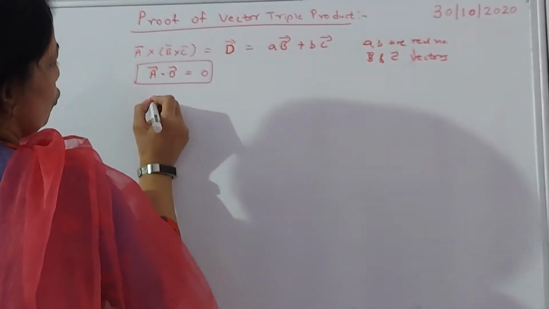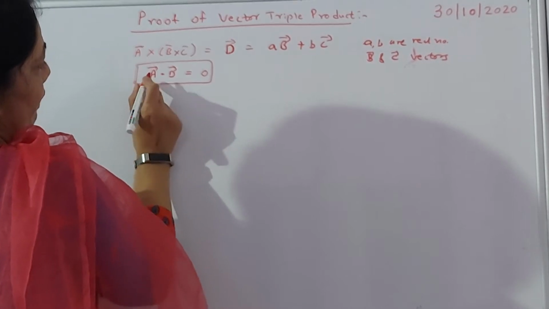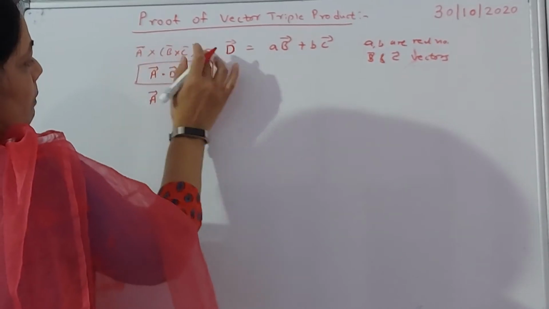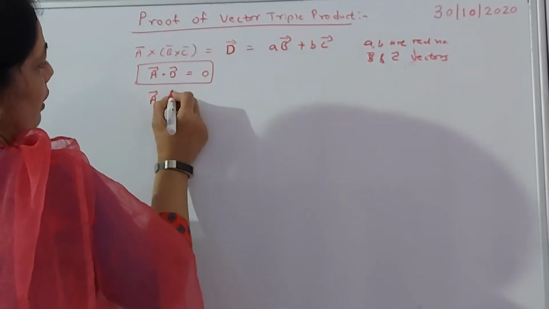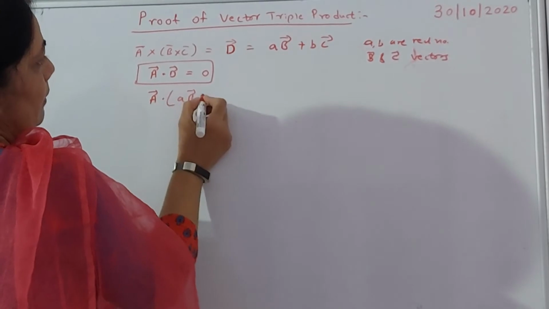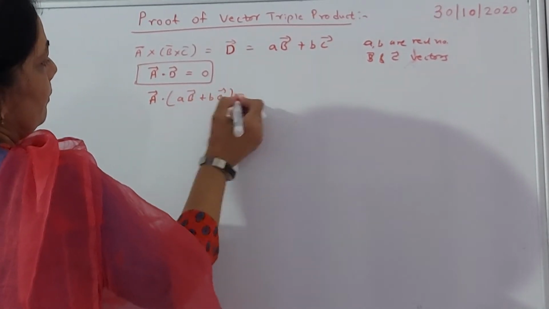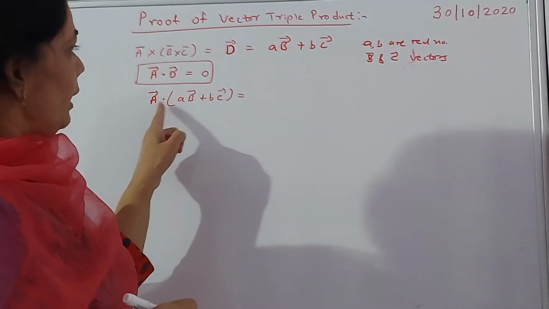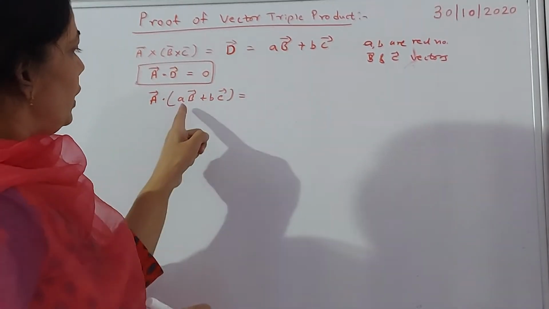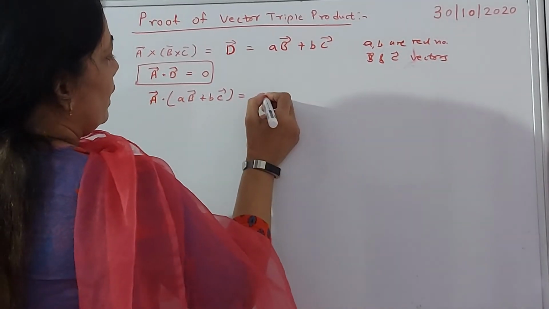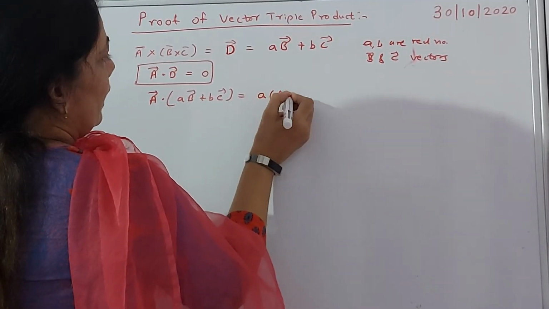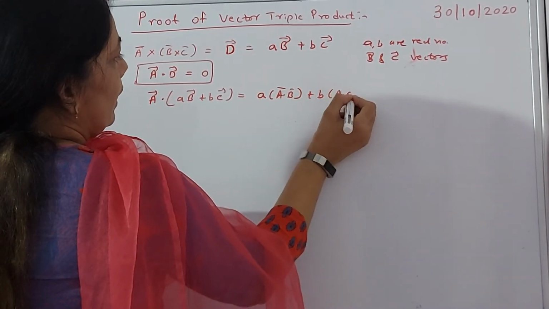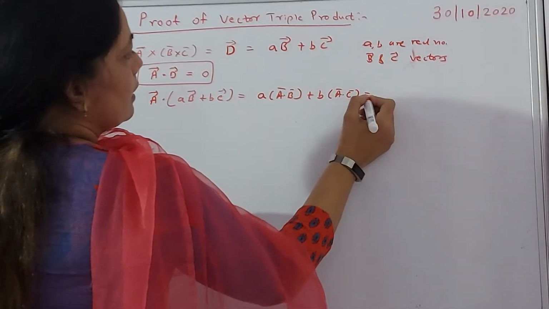What we did over here was take the vector A, dot product with D, which is A cross B cross C. So A dot (aB plus bC), the dot product of vector A with vector D. Put the value of D over here, aB plus bC. What do you get over here? a outside the bracket, A dot B, plus b outside the bracket, A dot C, is equal to 0.